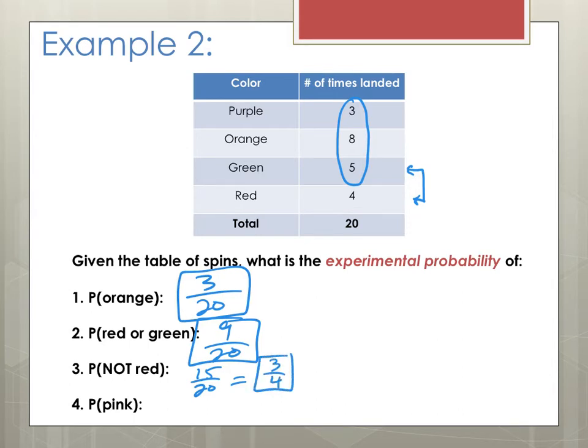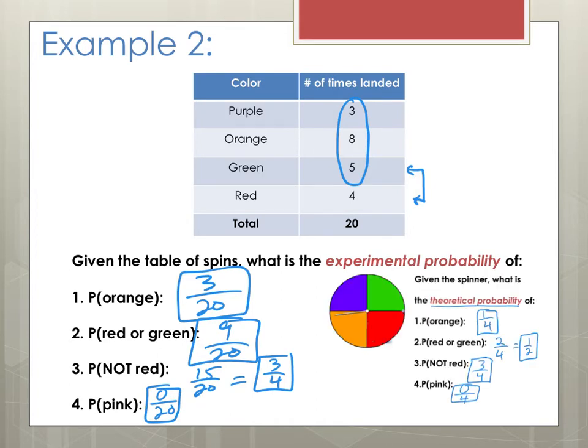And then the probability of pink, notice when I did my experiment, no pink ended up showing up, right? There is no pink on the board, so again, that would be a 0 out of 20 chance. That did not happen in this experiment.